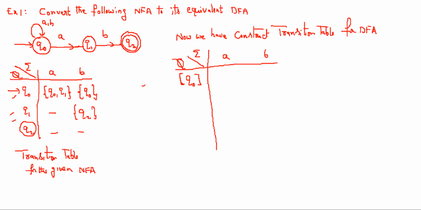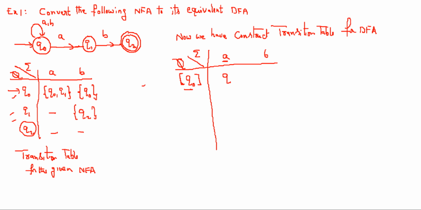Now you have to enter the entries into the DFA from the transition table of NFA. Now you see, on applying A on Q0 in NFA, where are you going? You are going to Q0 and Q1.